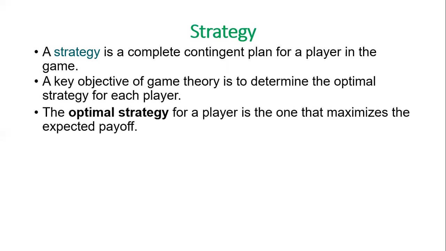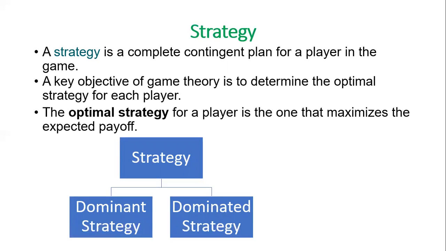As I told you, there are so many different kinds of strategies. However, here we start with two of them. First is called dominant strategy and the other is called dominated strategy.